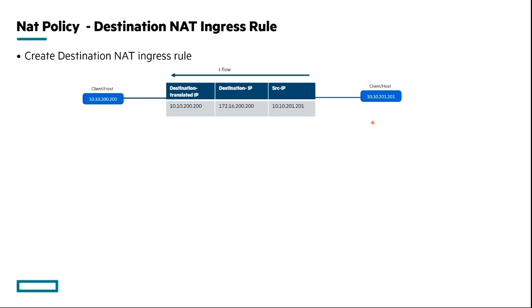But when you've got an instance where client host 10.10.201.201 has to initiate a session to 10.10.200.200, which is having its source address translated to 172.16.200.200, we have to create another rule. So this is for the iFlow coming in.